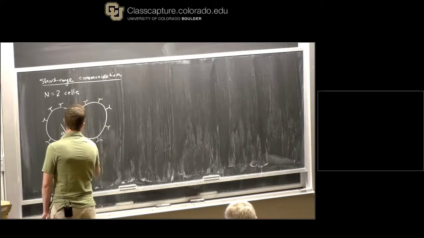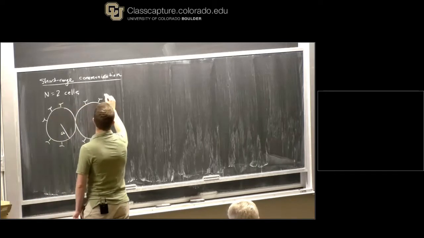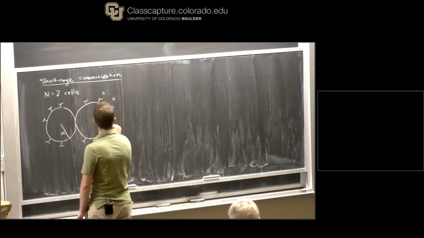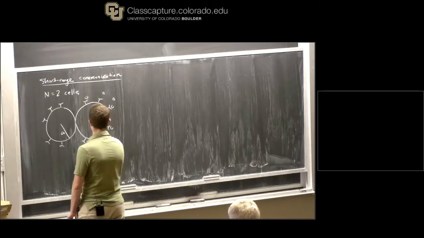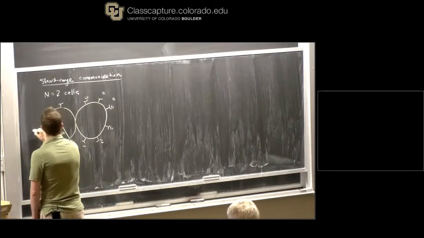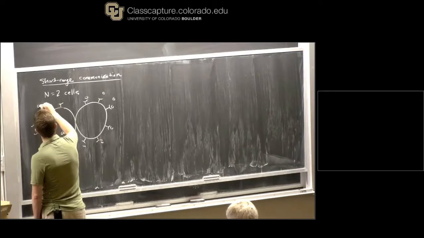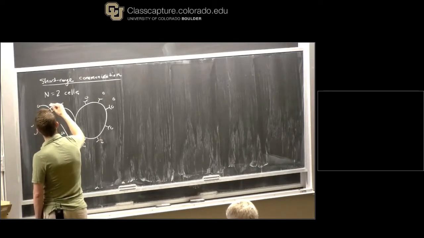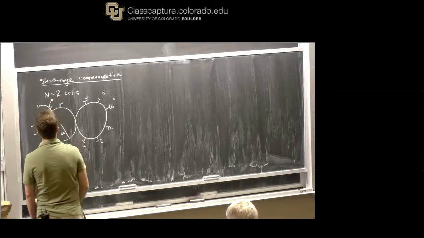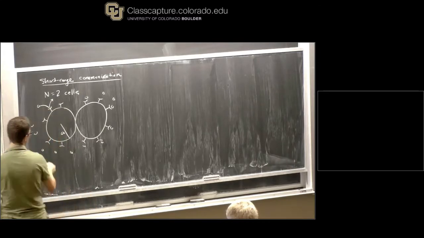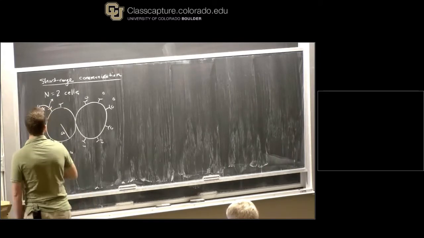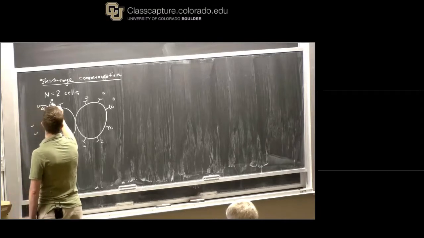And these receptors are sensing the background concentration. So basically a molecule can bind to a receptor, sit there for a little while, and then unbind. So I need to give rates for these processes. So I'm going to call the binding rate alpha and the unbinding rate mu.